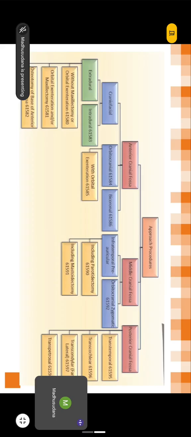And posterior cranial fossa: transtemporal, transcochlear through the ear, transcondylar, or petrosal. So how is he approaching inside this? That is the approach procedure. Based on the location, we have separate codes here.